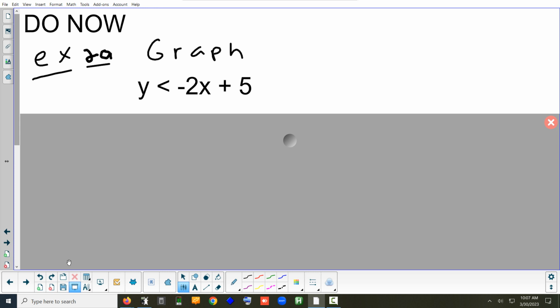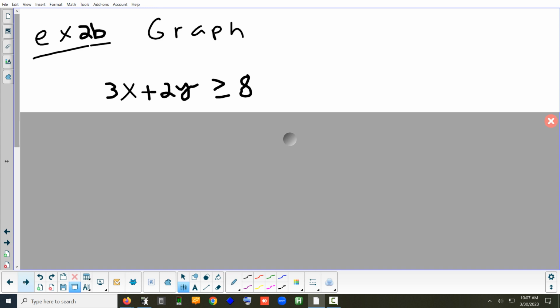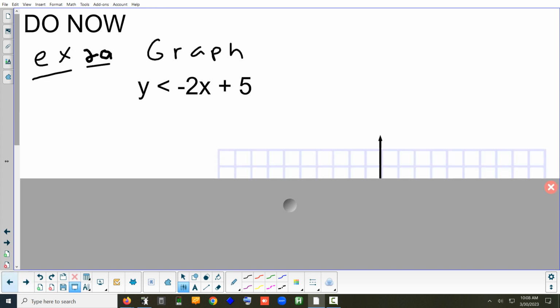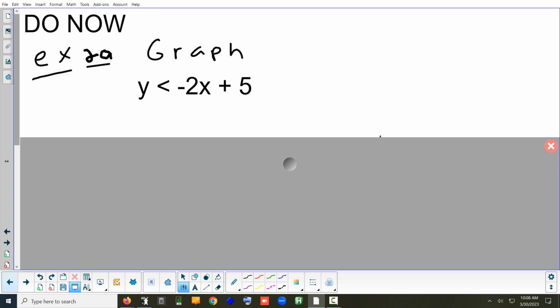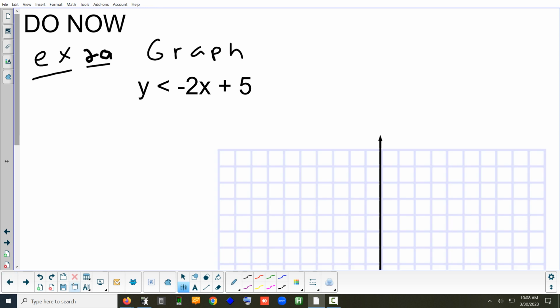Y. Yep. It has to be in the form y = mx + b. It has to be like that. This one already is. If we're going to do one in a minute, that's not. All right, so there's our graph.